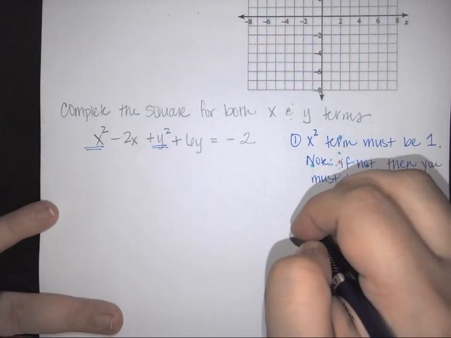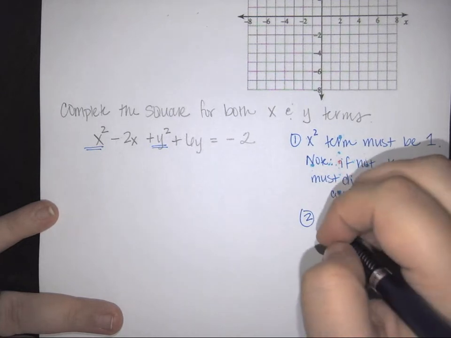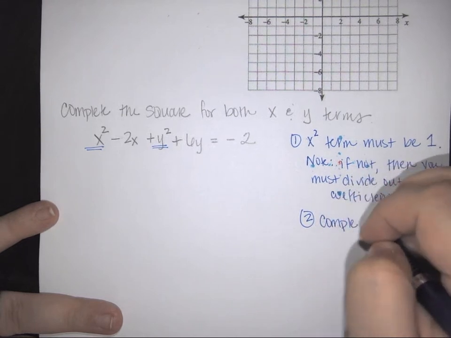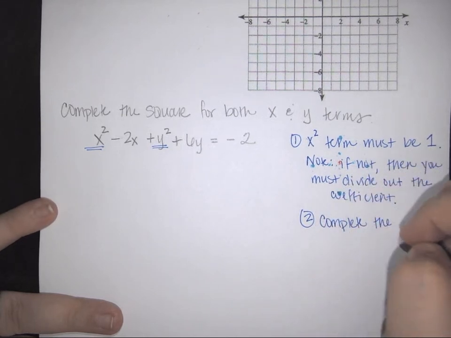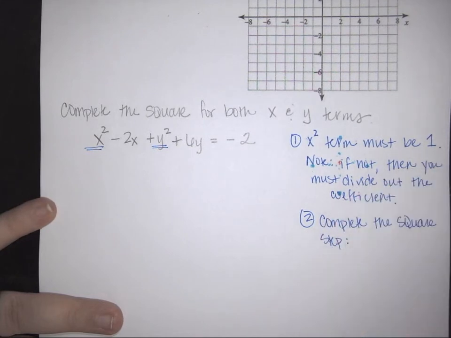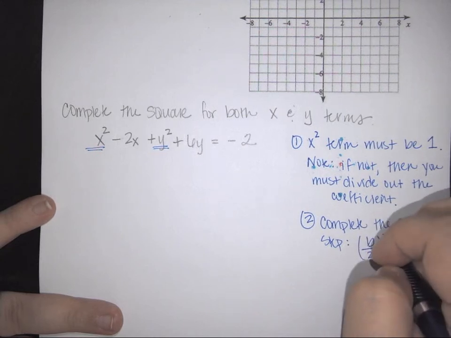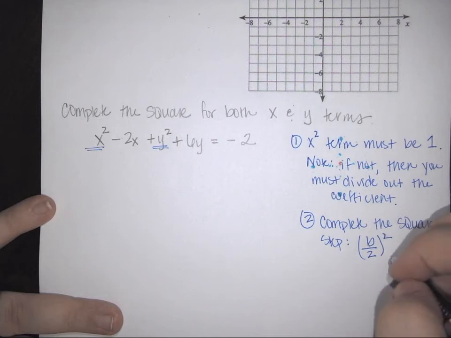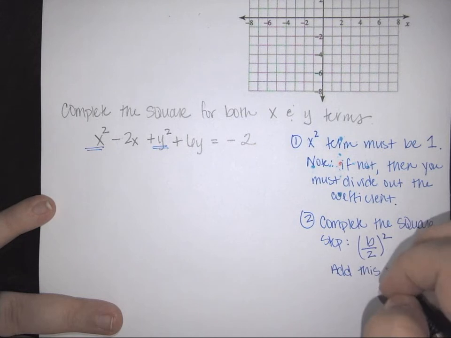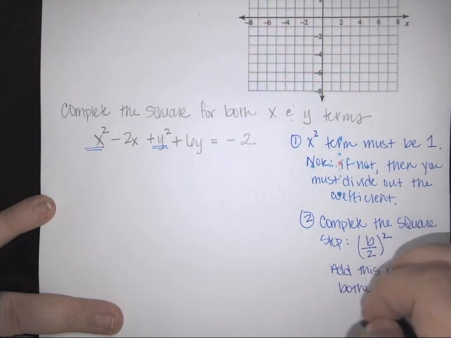Now, the second thing is the complete the square step, which says you're going to take b, divide it by 2, square it, and then add this result to both sides.